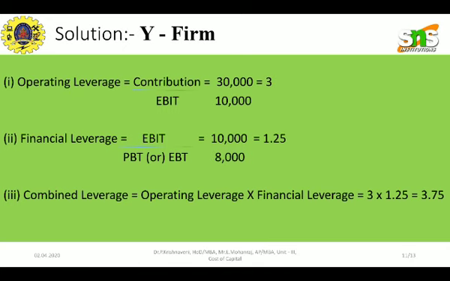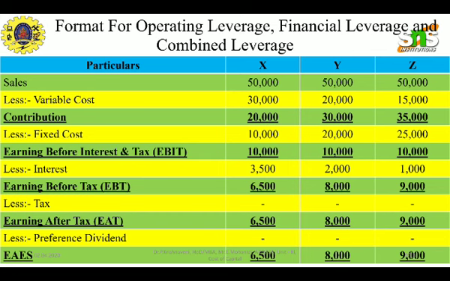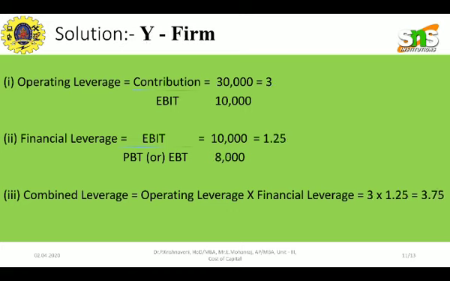EBIT is 10,000 and EBT for Y is 8,000. So 10,000 divided by 8,000, the value is 1.25. Then combined leverage is 3 into 1.25.